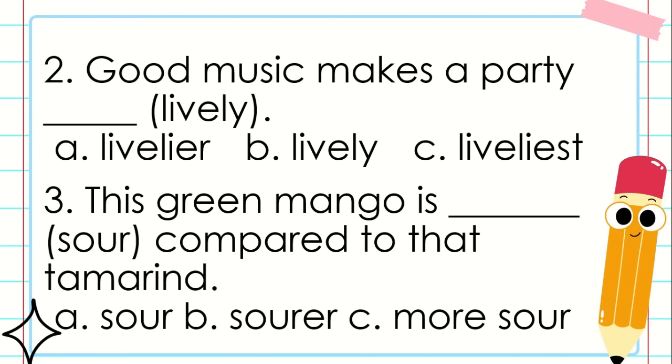Good music makes a party blank lively. A. Livelier. B. Lively. C. Liveliest. Number 3. This green mango is blank sour compared to that tamarind. A. Sour. B. Sourer. C. More sour.